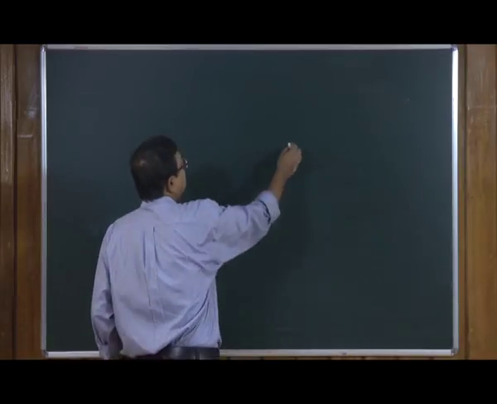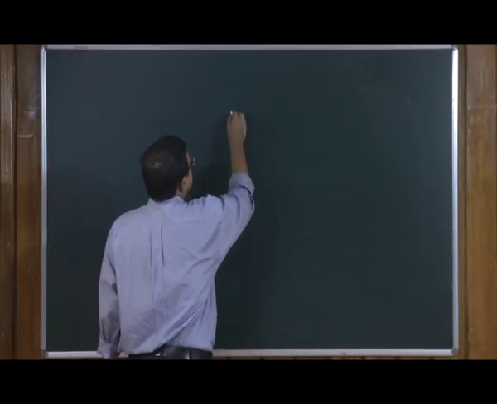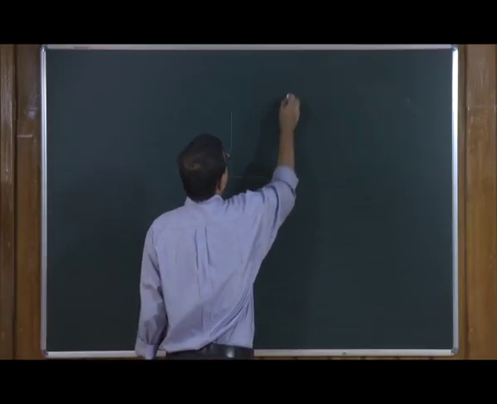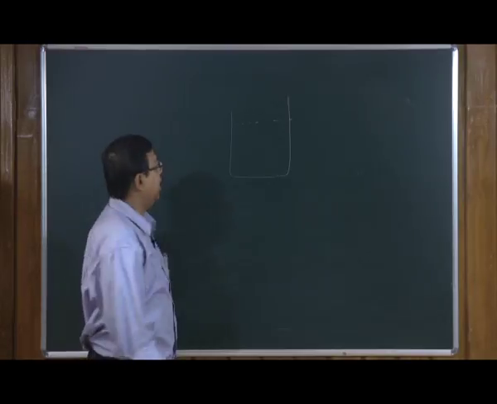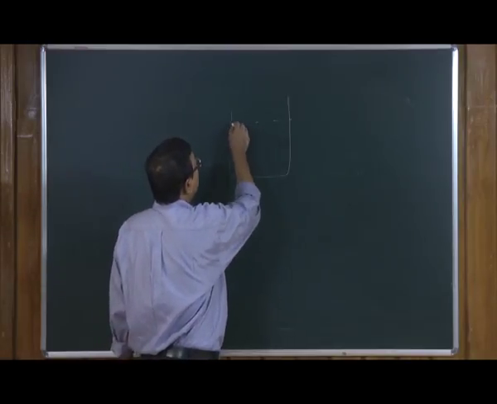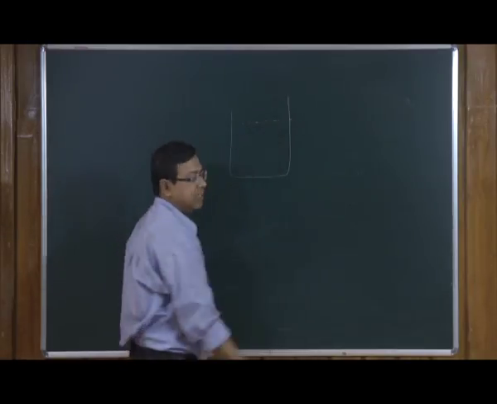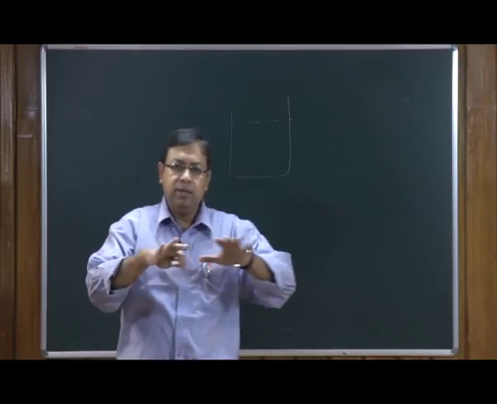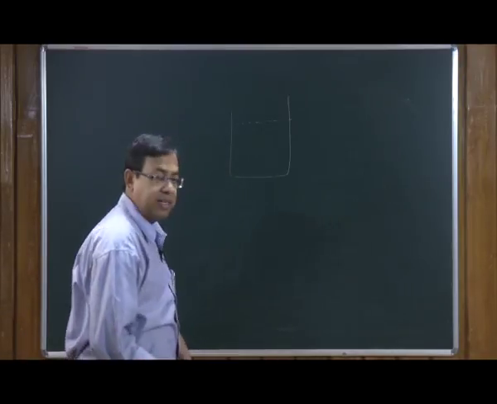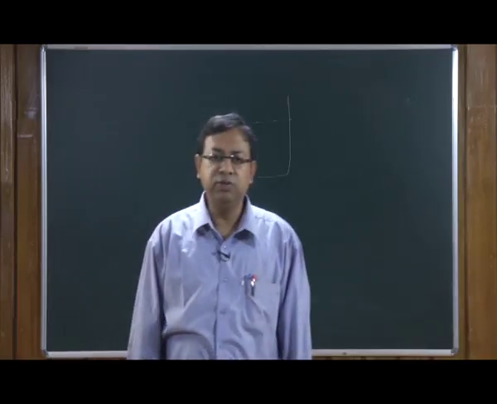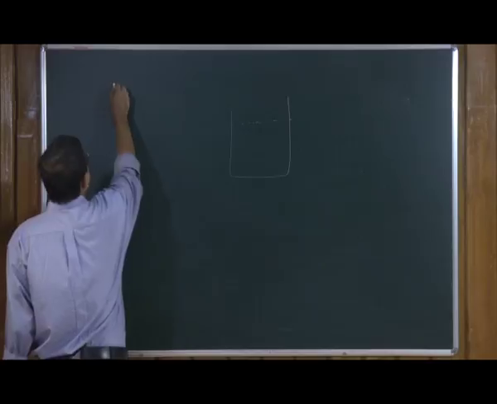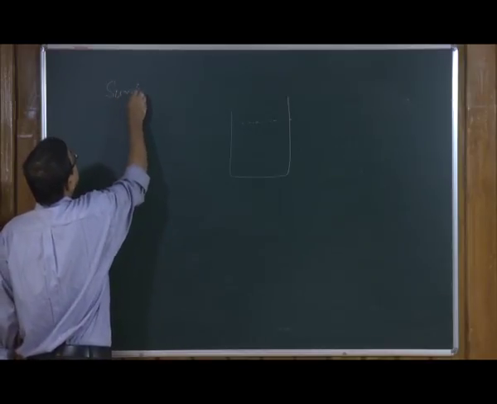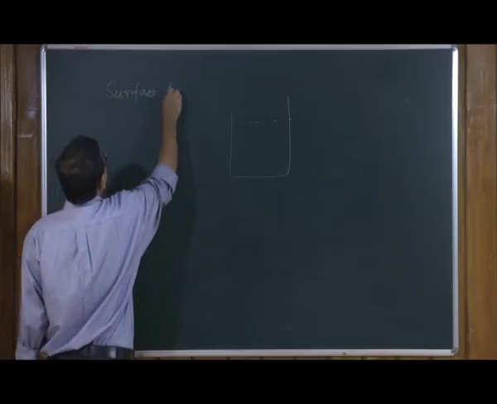So, what we now want to consider is, let us take a vessel of water, a container containing water, and there is this surface. The properties of the surface are what we are going to see now, and this comes under the heading of surface tension.